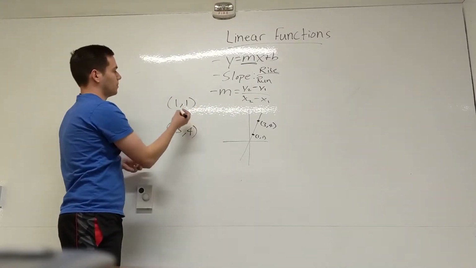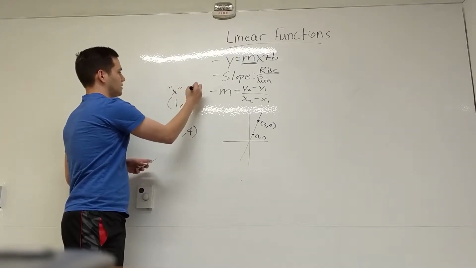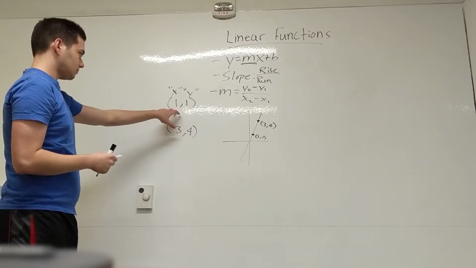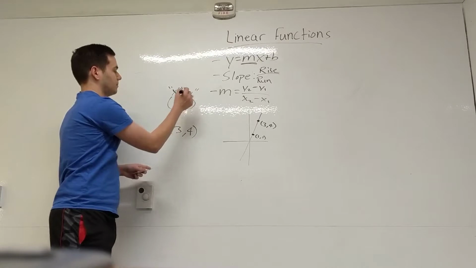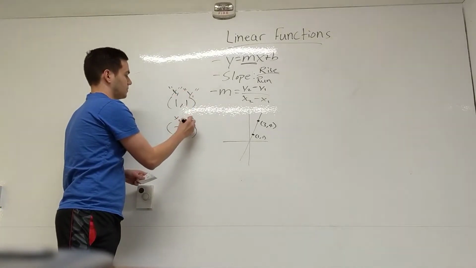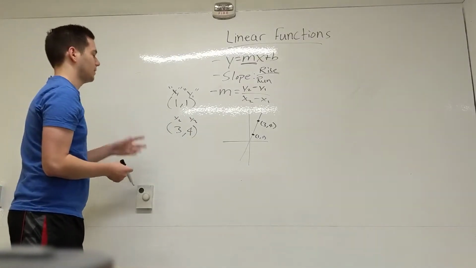As always with coordinate points, this is considered the x value, and this is considered the y value. So let's say this is x1, and this is y1. And this is x2, and this is y2. Again, I could say this is y2 and x2, but I can't mix them.